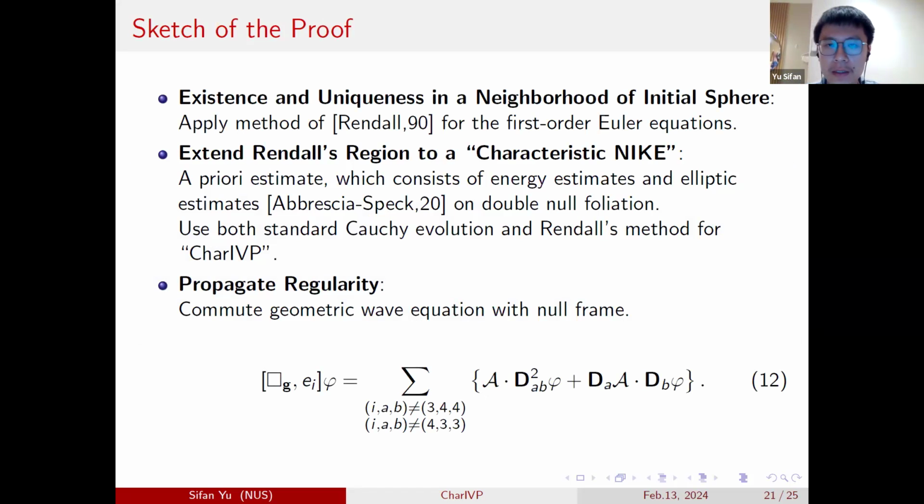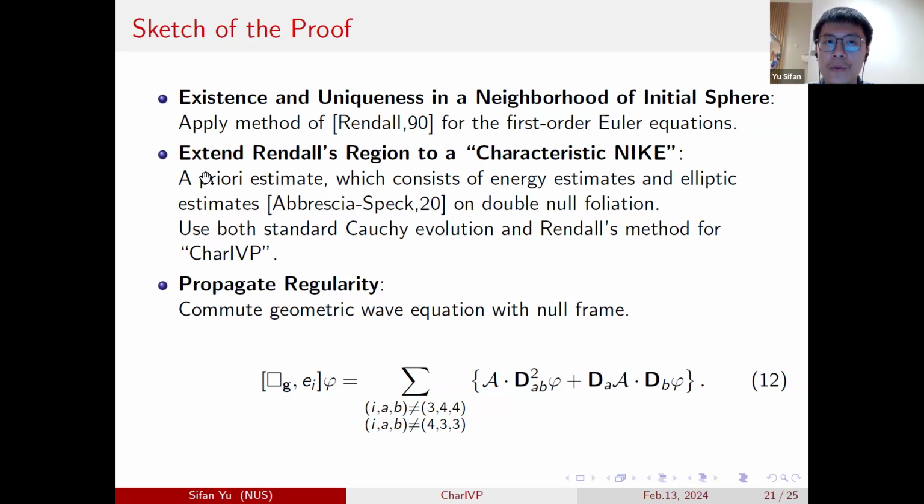I will briefly give a sketch of the proof because I'm running out of time. I think I mentioned the first step at the end of the construction of initial data. We apply Rendall's method, but it's actually much more complicated than what Rendall did, to construct well-posedness in a neighborhood of the initial sphere.